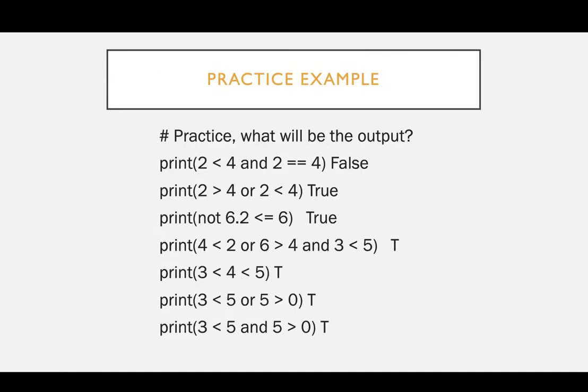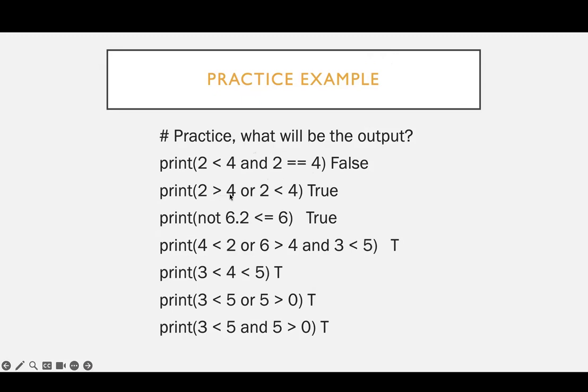So let's practice the following examples and try to find out the true or false value. In this first one, print 2 is less than 4 and 2 equals 4. The first part evaluates to true, but the second part evaluates to false, so the result will be false.